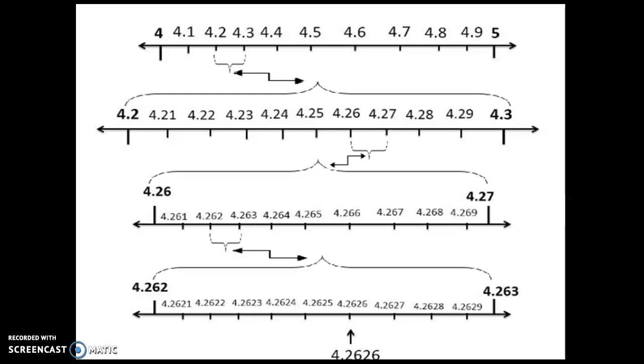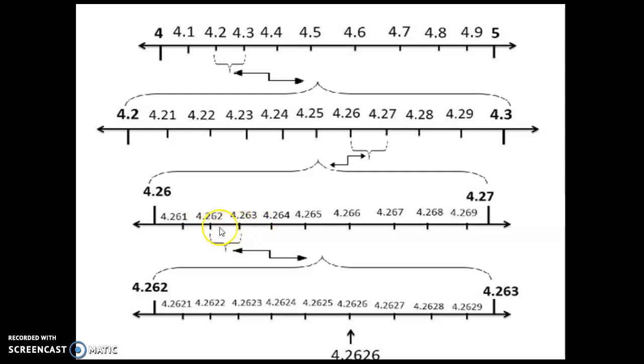Then the next decimal is 2, so 4.262. That is in between 4.26 and 4.27. That's why we come to the third line, 4.26 and 4.27. In between that we are locating 4.262 and 4.263.